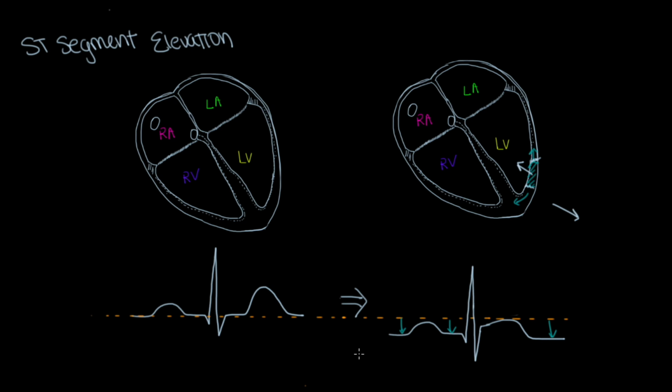And if you look at this, if we didn't draw the isoelectric line across both of these and we were just looking at this in isolation, this would of course look kind of like an ST segment elevation in comparison to this.